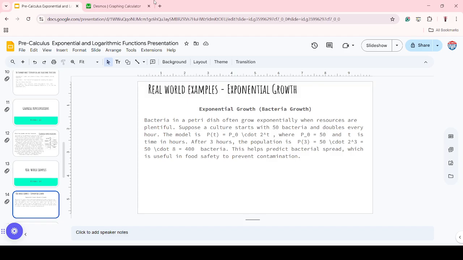So we will go ahead and use our equation, P of t, and I want to figure out how many there will be in 4 hours.